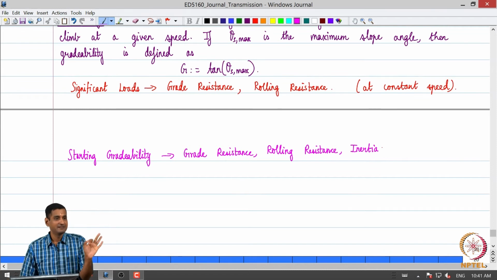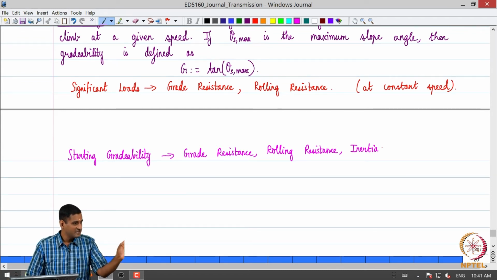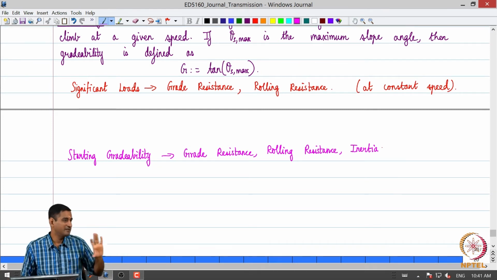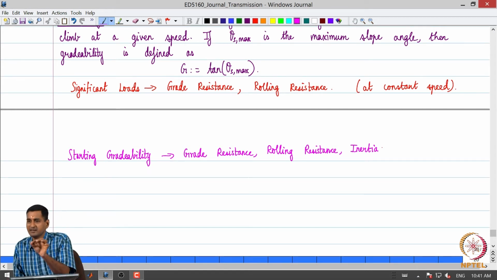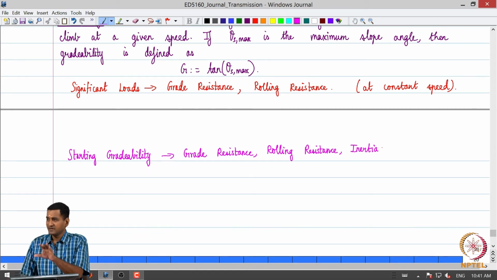No matter that we are starting from 0 speed and then going to a low speed, maybe over a longer time interval, still there is going to be some average acceleration, which is going to introduce that ma component in the equations. So inertia will get added and the powertrain then has to overcome these 3 loads.